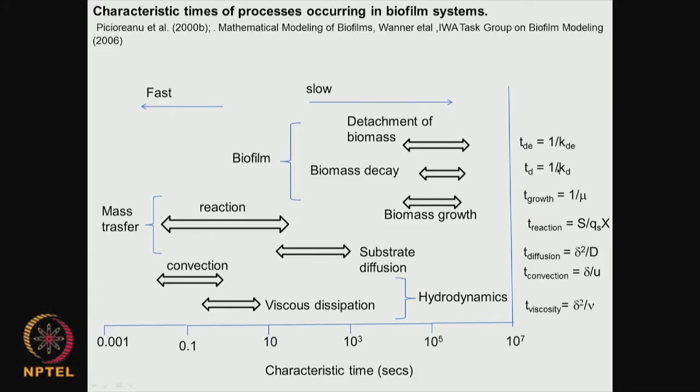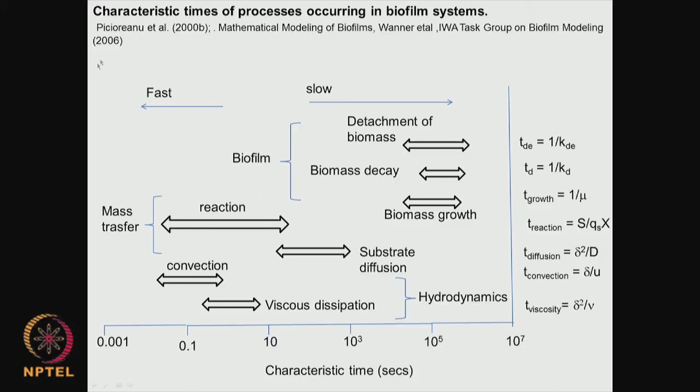Td, the biomass decay time, is 1 by Kd, where Kd is the constant related to the biomass decay, and Tde, the detachment time, is 1 by Kde. So, all these terms containing reactions, decay terms, monod term and so on are much slower when compared to the mass transfer, diffusion and viscous hydrodynamics, which are much faster.